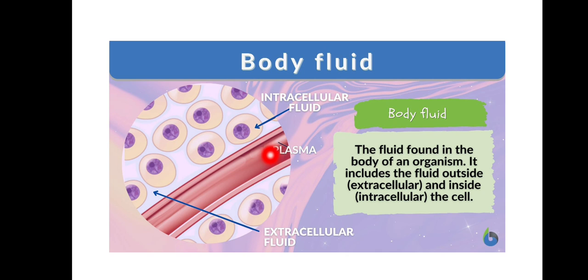This plasma fluid is on its own. The blood vessel has its own, more like its own compartment. So it is having the cells and it is having the fluid part. Of course, these cells like blood cells are having fluid in them, and they are going to be considered intracellular fluid, regardless of where they are.